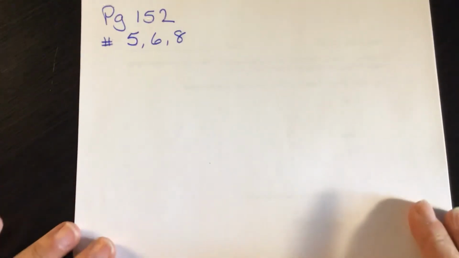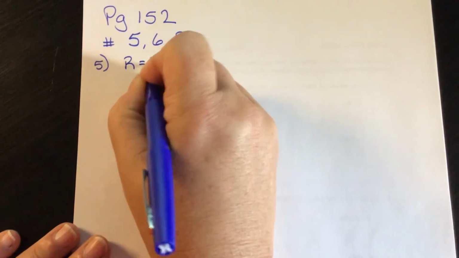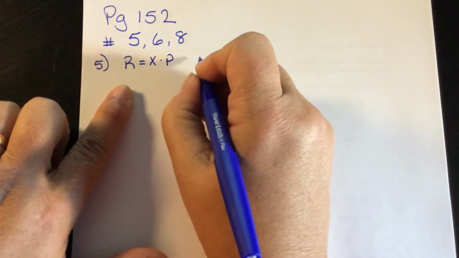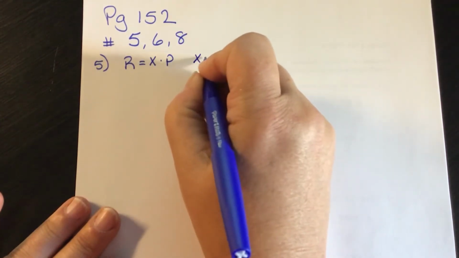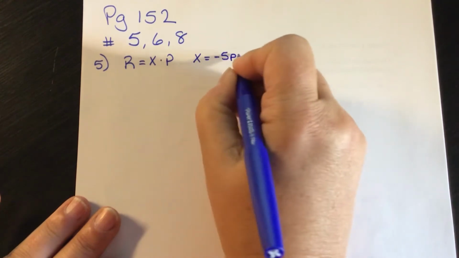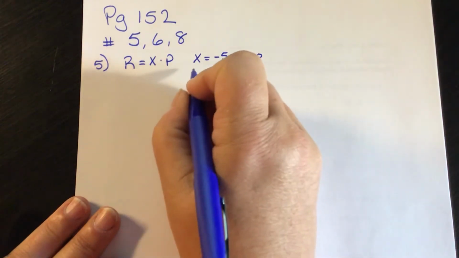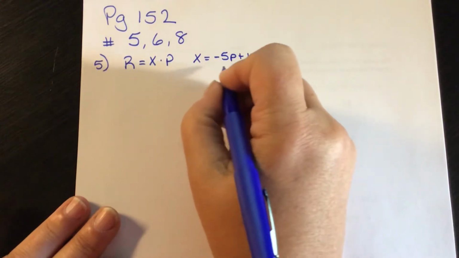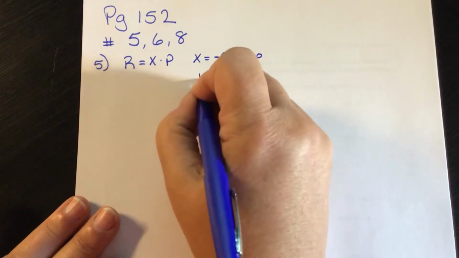So for number 5, again, we want to find the revenue, and we know that's the number of items times the price. And they give us price in terms of x, which is -5p plus 100. And I want to solve for p, because in this equation, I only want x's. So if I solve for p, I'm going to subtract 100 from both sides and divide by -5.